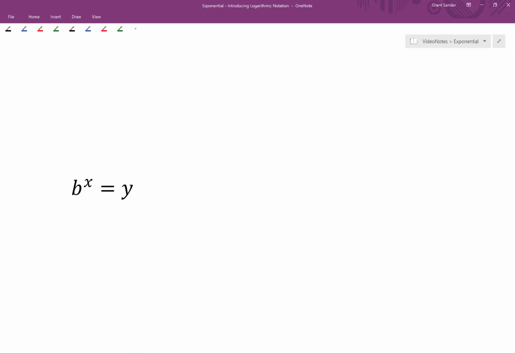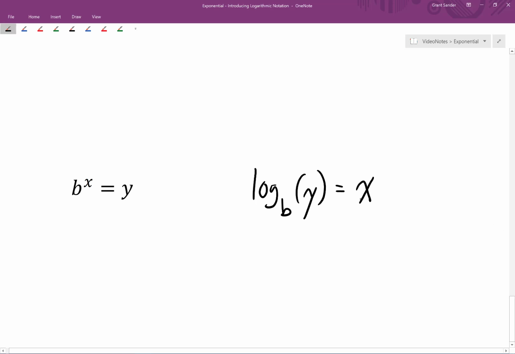In general, if we have a base of b raised to an exponent of x, and it gives us a result of y, then we can represent that exponent x as log base b of y. So log base b of y tells us the exponent on a base of b needed to produce a result of y. Therefore, log base b of y gives us x.